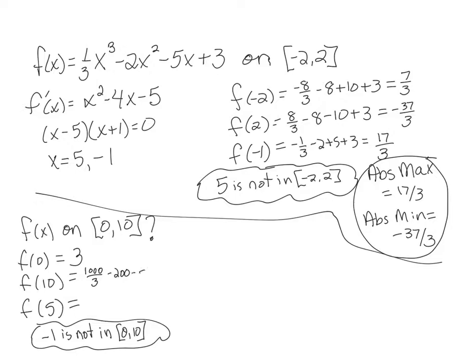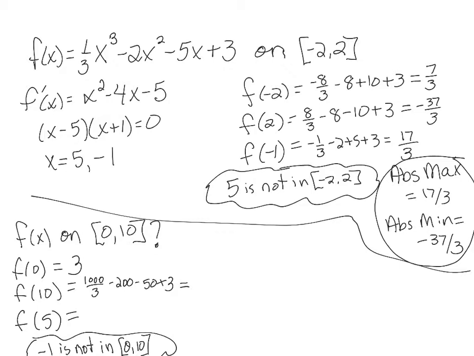Plugging in the 10, we're going to get a nasty number. -200 minus 50 plus 3. And I've got to get a common denominator. So 1,000 minus 250 times 3, and then plus 9/3 gives me 259/3.